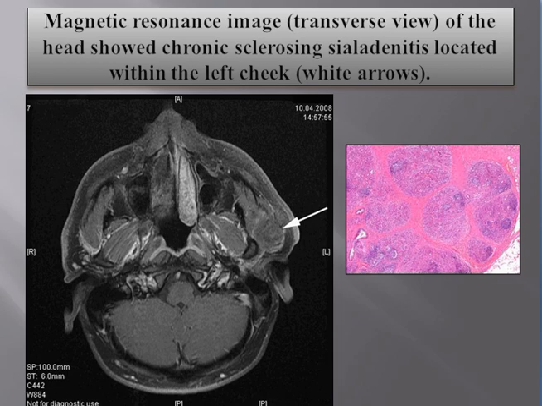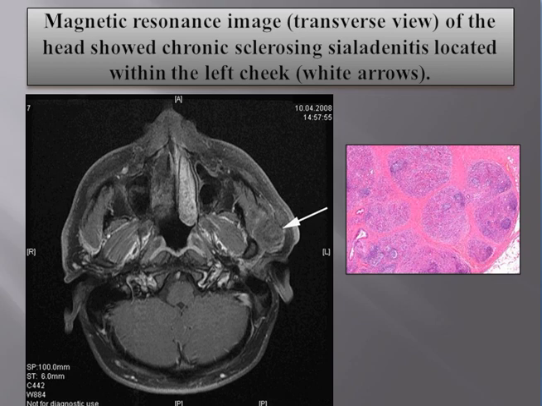The duration of symptoms before the patient seeks treatment is variable, from 1 month to about 3 decades, and the induration and enlargement often lead clinicians to diagnose chronic sclerosing sialadenitis as a salivary gland neoplasm.